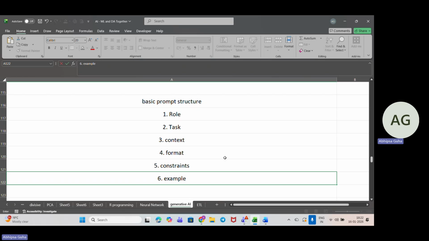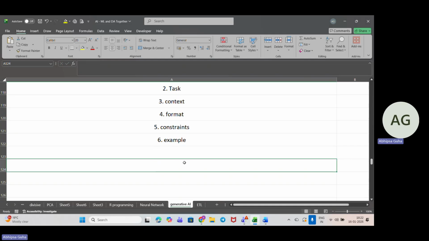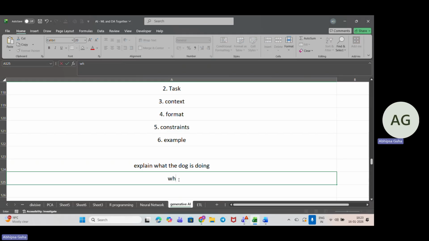Okay. Now, a basic simple prompt is like, suppose I am just giving it in the form, "Explain what a dog is."